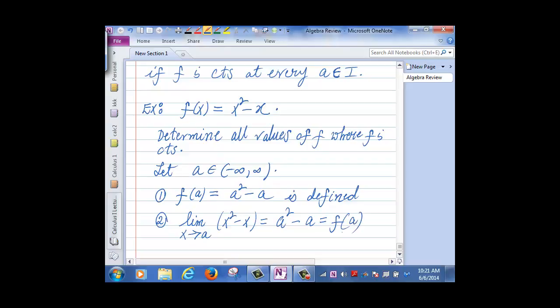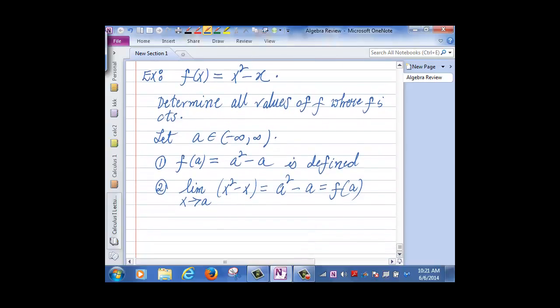So the limit at A is the same as the value of the function at A, okay? So both conditions are satisfied for any given point A, right? So in this case we say that f is continuous on the entire set of real numbers.